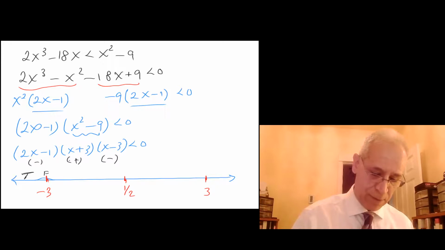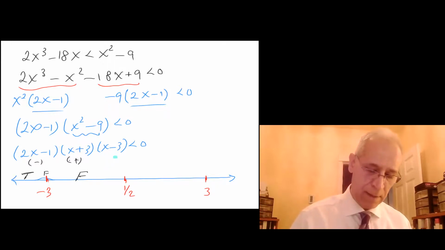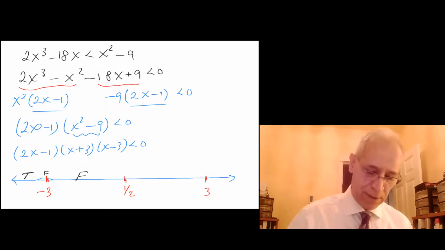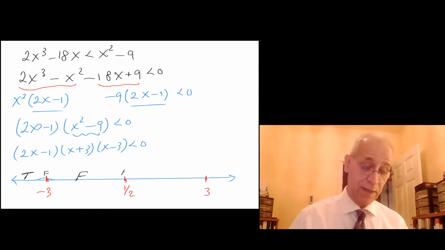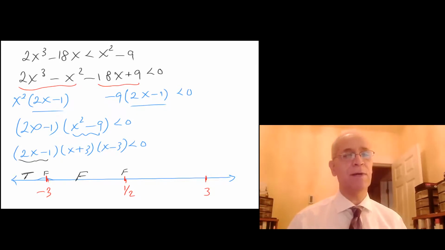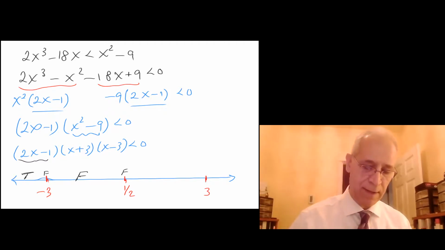So I don't have any solution between negative 3 and 1/2. I know 1/2 itself is going to give me false. Once again, if you plug in 1/2 in here, that gives you a 0, and 0 times anything is 0. 0 cannot be smaller than 0.